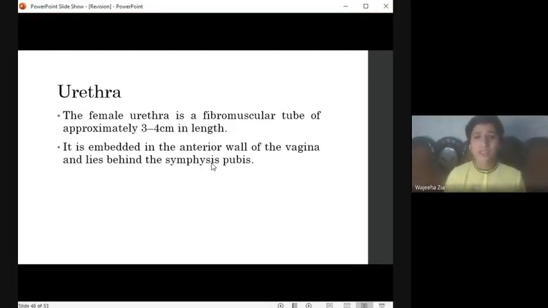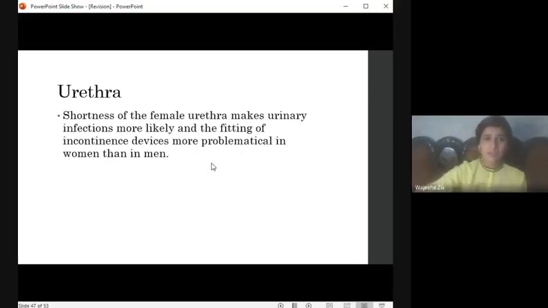It is a small tube about 3 to 4 centimeters in length, embedded along with the vagina. Both urethra and vagina are in the same anterior wall, and they both lie behind the pubic symphysis.